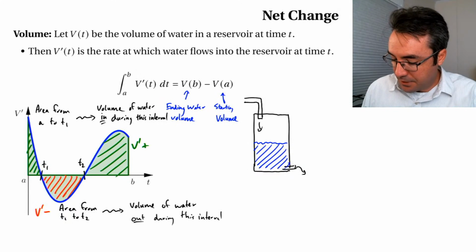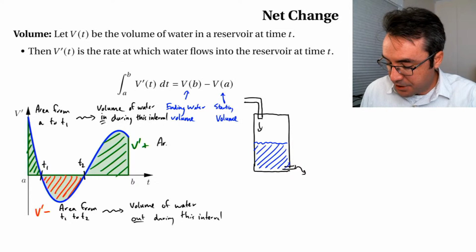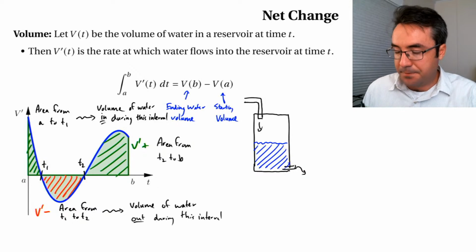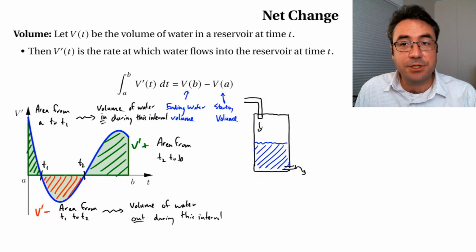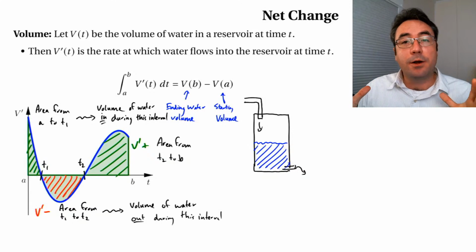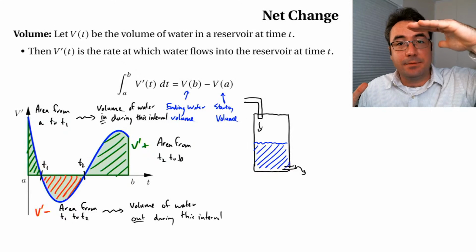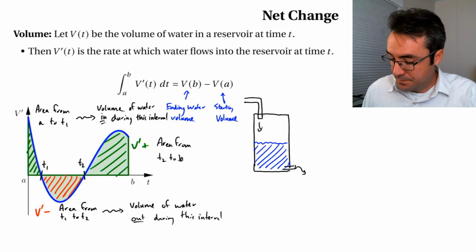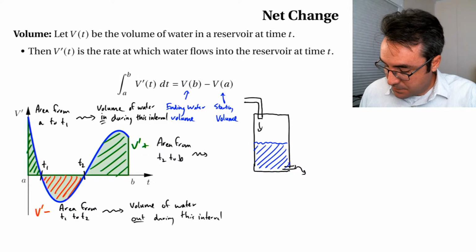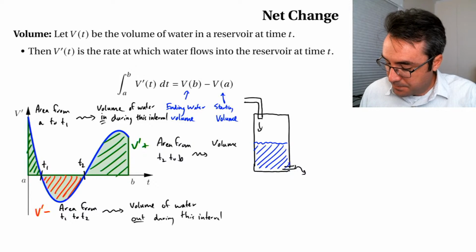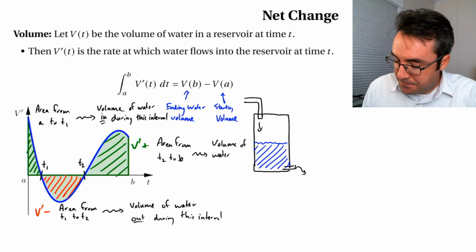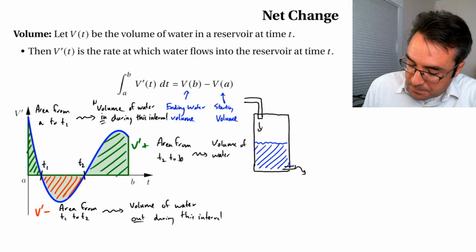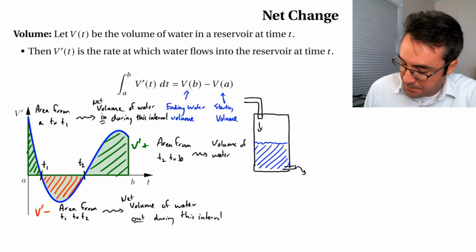And so if we could calculate the area of this shaded region, going from t2 to B, what that would represent is how much water we gain during that time interval. So this represents the volume of water. And I should say, really the net volume in each of these is the net volume.